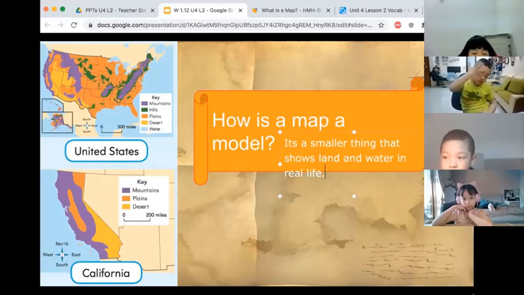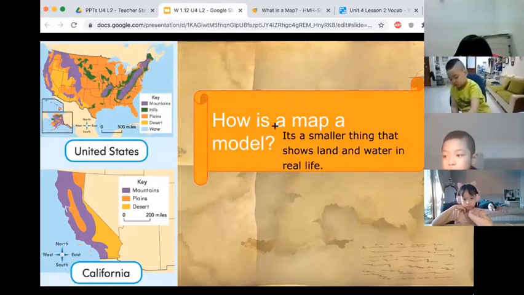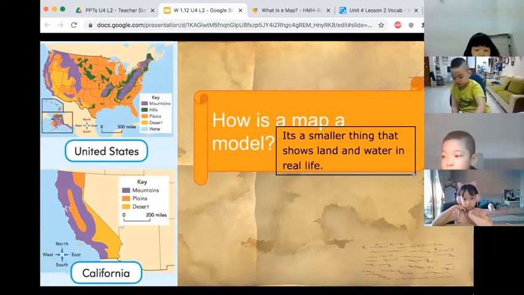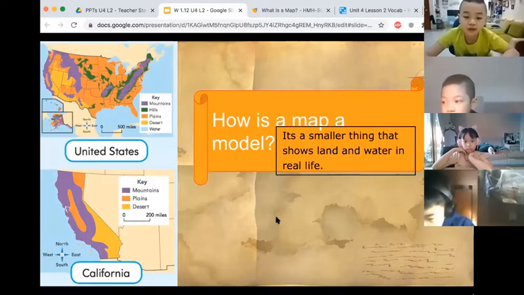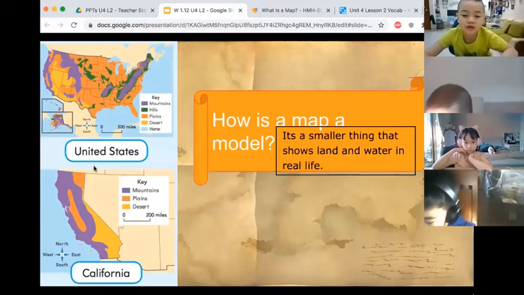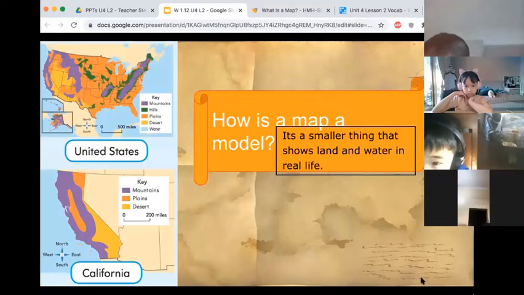Okay, very nice. So let's actually have everyone unmute and read, why is this map a model? It is a model because, everyone go ahead, one. It is a model because it shows land and water in real life.